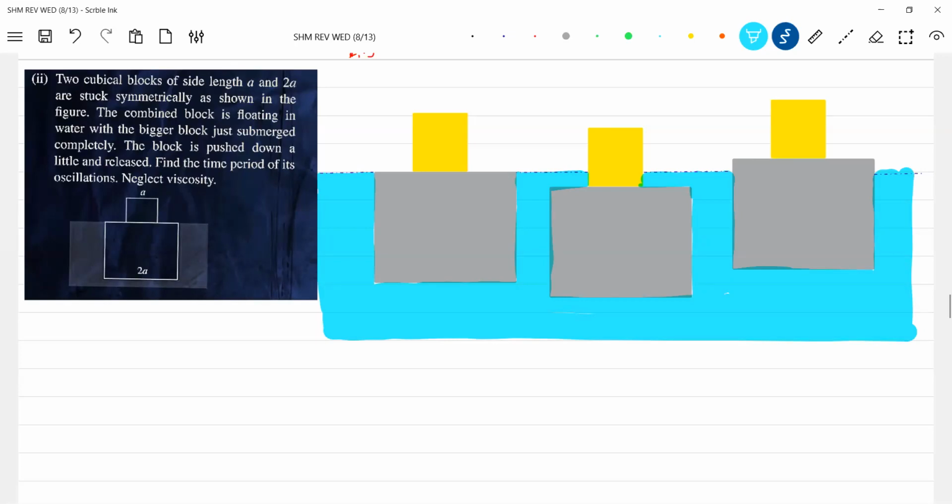Okay, no. Initially, there's an equilibrium. m1 g, let me think like this. They're both combined.